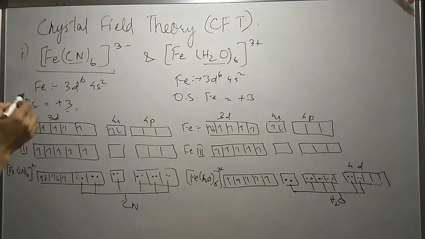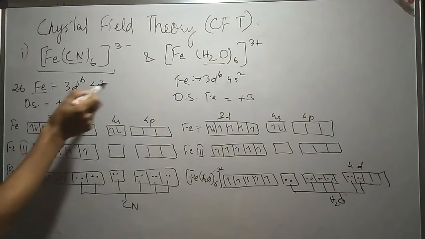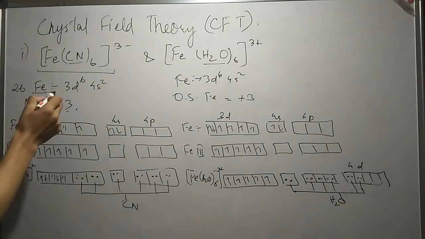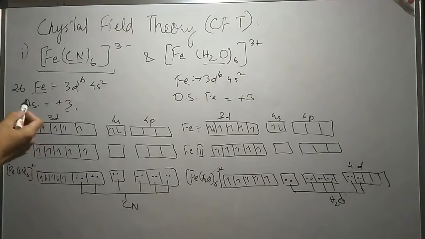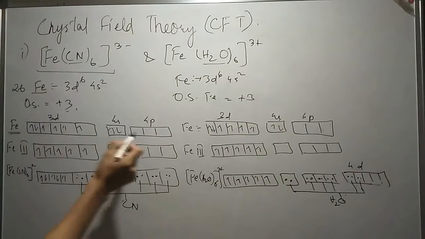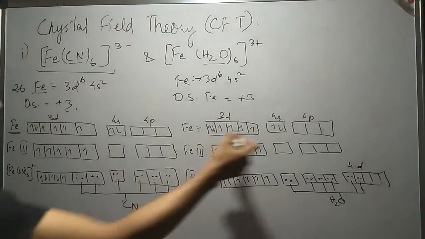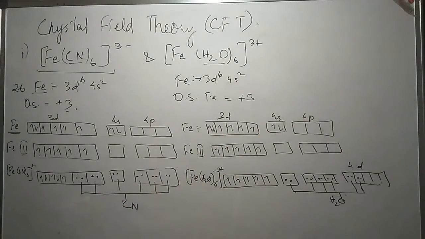Moving on, the iron atomic number is 26, therefore the outermost electronic configuration will be 3d6 4s2 for both of them. Oxidation state after calculation we got +3 and +3 for both of them. For a free metal it will be this, the outermost shell configuration.